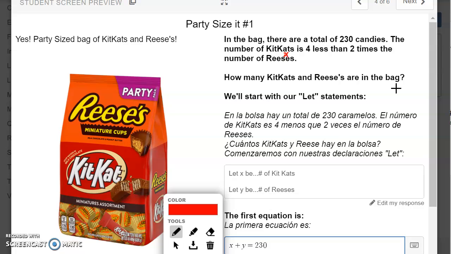And then when you see the word is, that's an equal sign. 4 less than makes you think about subtraction. But it's what we call a turnaround word, and I will explain that in a little while. After whatever is done next, you subtract 4 from it. So 2 times the number of Reese's.